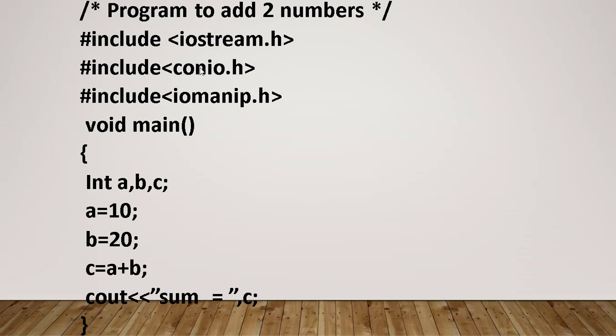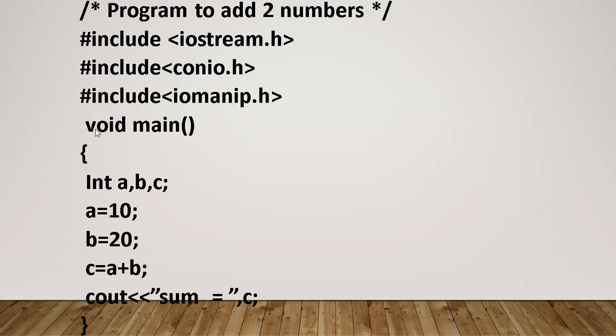Console is nothing but the display screen, so the functions related to that will be stored in conio.h. Then #include <iomanip.h>. IO is input output, manip is manipulation; functions related to this are stored in iomanip.h. And all these three header files are compulsory. You have to write them in all the programs.